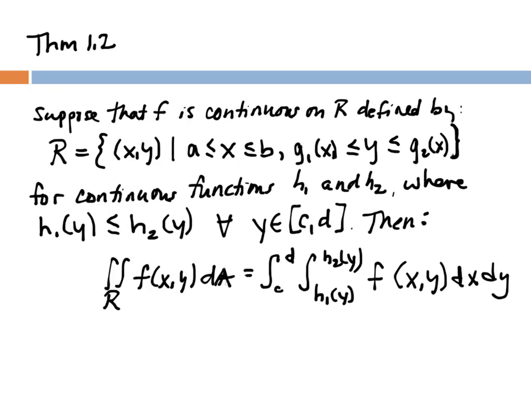I know this feels a little bit awkward. I promise when you see it in practice, it's not near so awkward. These are functions g1 and g2, where g1 of x is less than or equal to g2 of x for all x in [a, b].